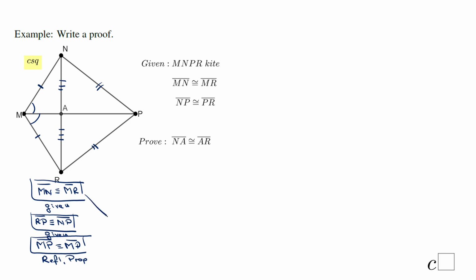From these three, we have what we need to prove that those two triangles are congruent. What triangles? Triangle MNP congruent to triangle MRP. And now let's change a little bit here.